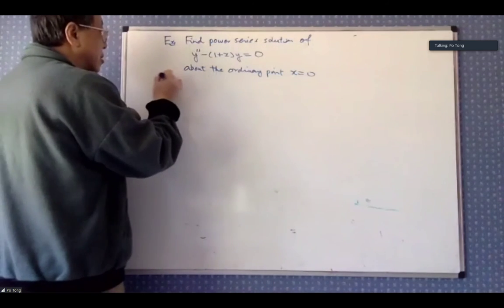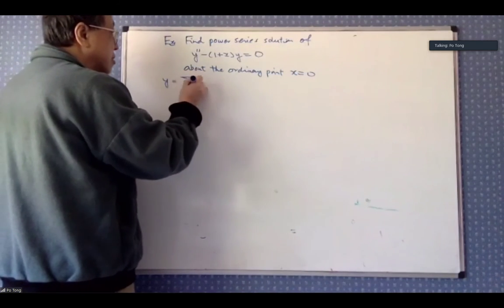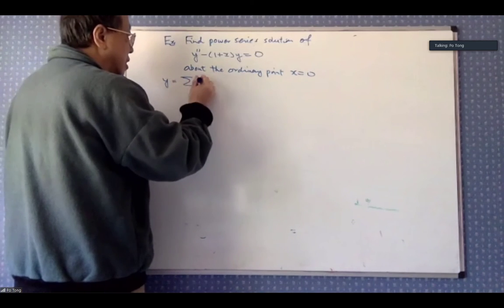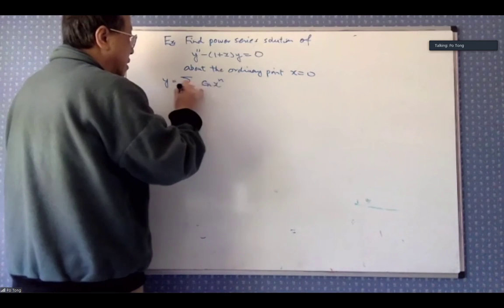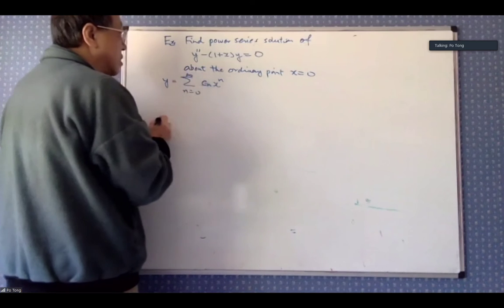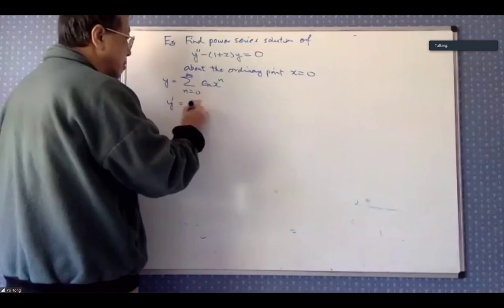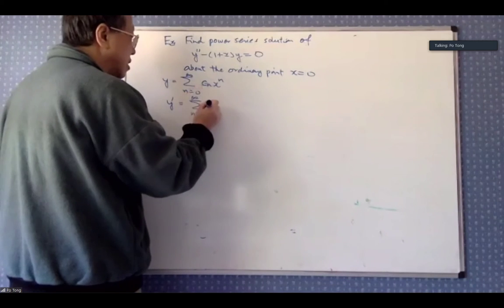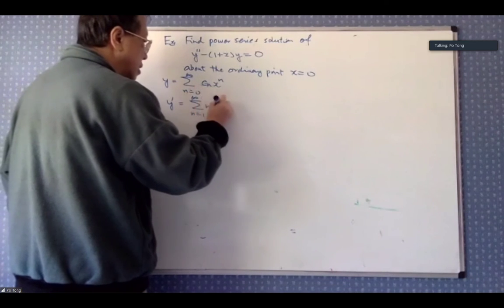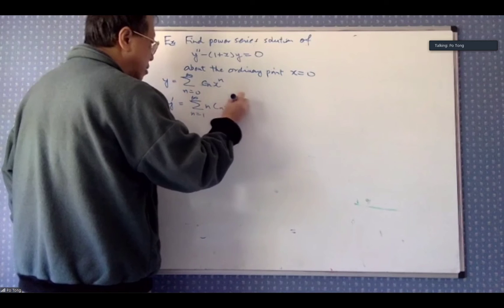Okay, so y is equal to the summation of Cn x^n, n equal to 0 to infinity. So what would be y prime? It is the sum from n equal to 1 to infinity of n Cn x^(n-1).